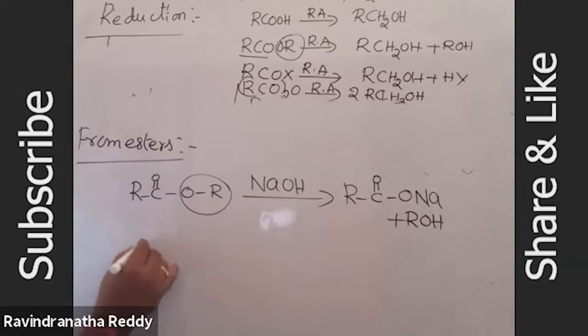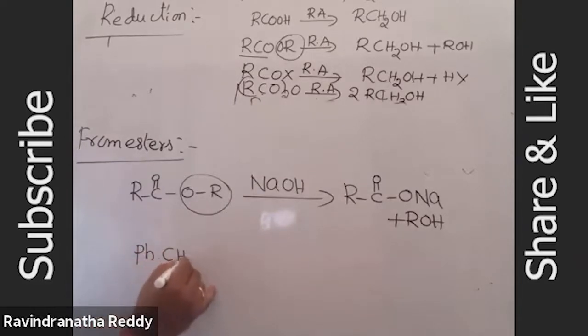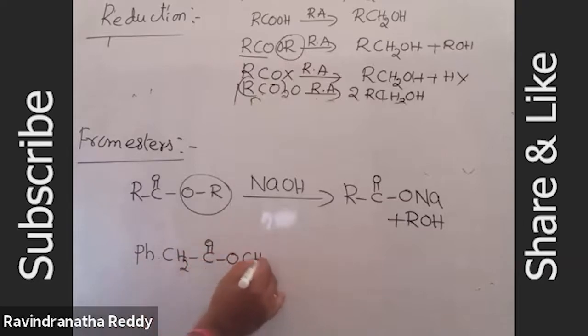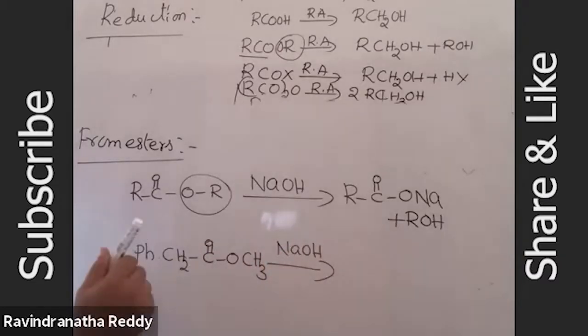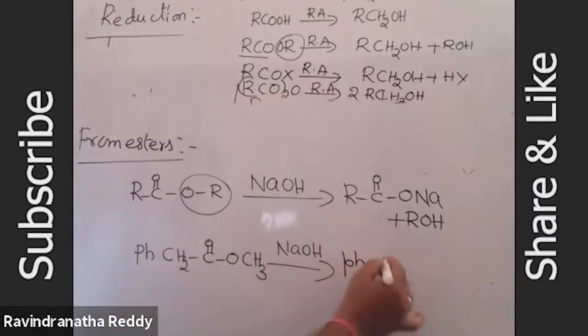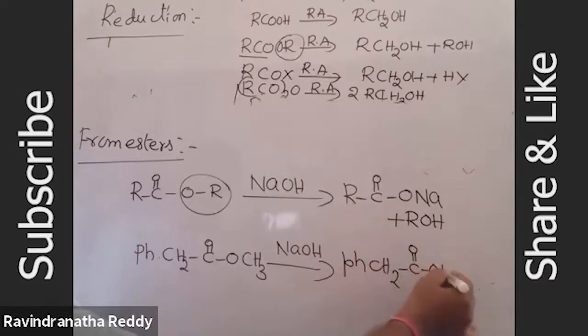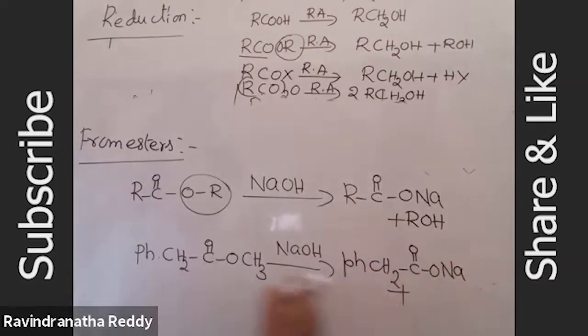Suppose you are taking here PhCH2COOCH3 with NaOH. What is the answer? C6H5, that is phenyl, CH2COONa, the sodium salt, and another one is CH3OH. These are the answers.